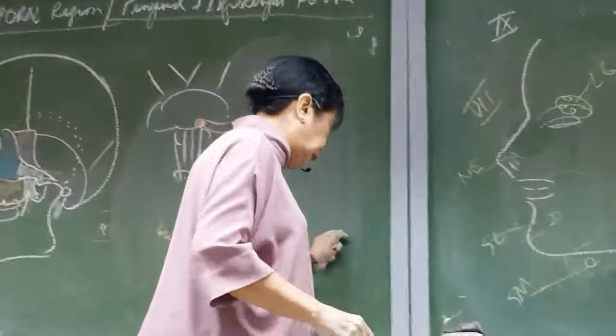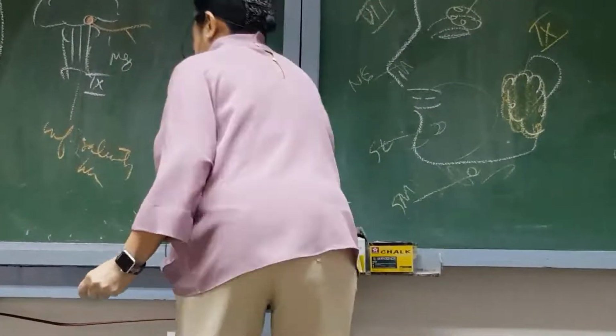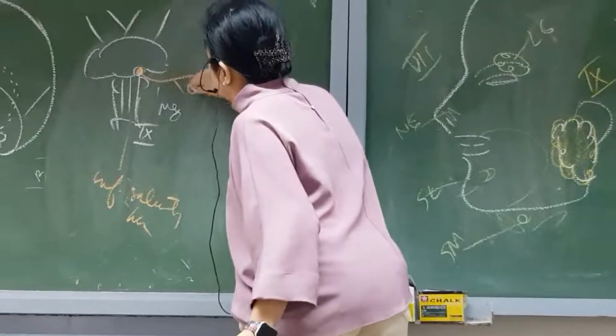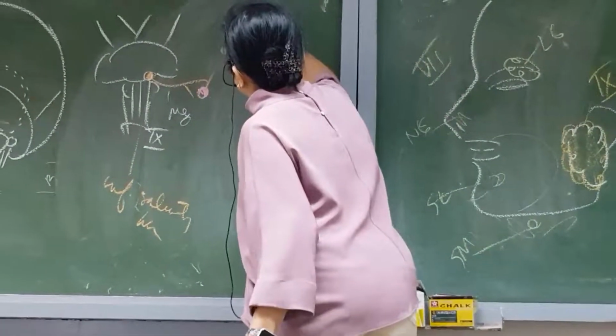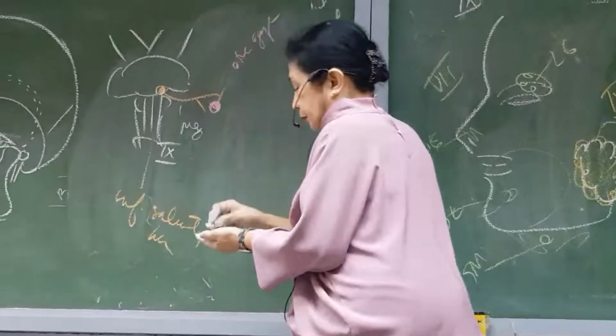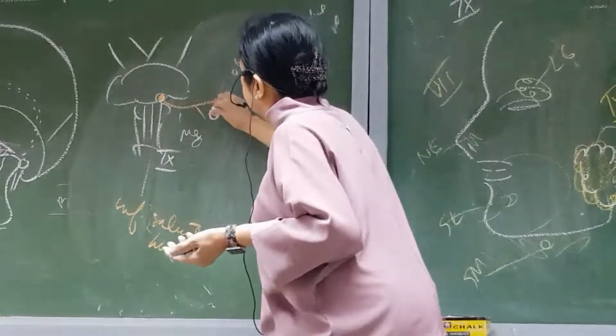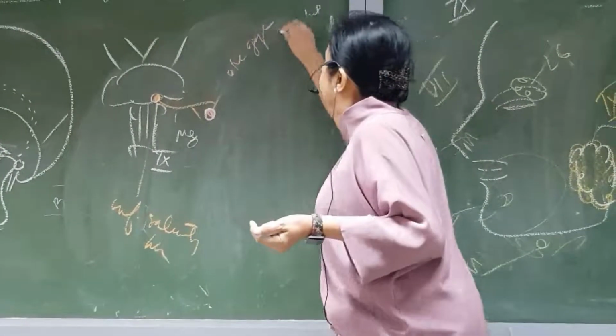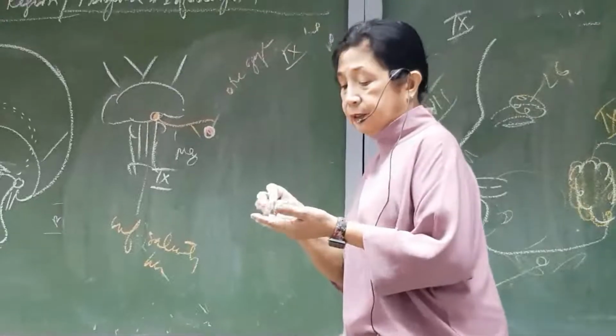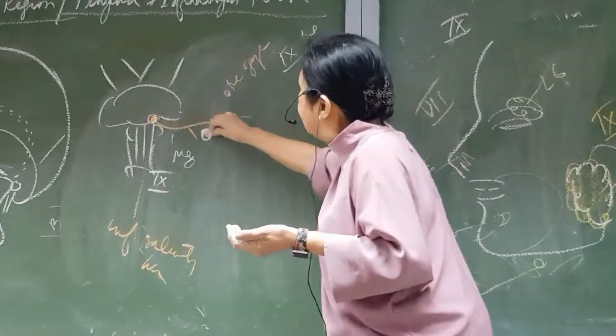Tapos yan, magsisinapse sa isang grupo ng neurons, ang tawag dito, ganglion. This is otic ganglion. Okay. Ang otic ganglion, parasympathetic ganglion ng 9, glossopharyngeal. Yung axon niya, postganglionic.